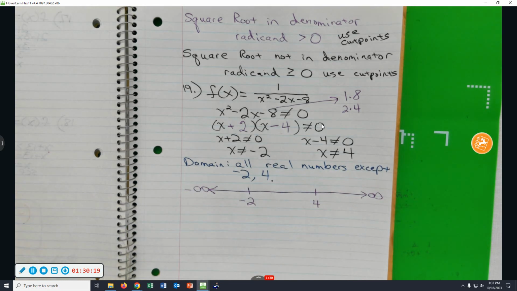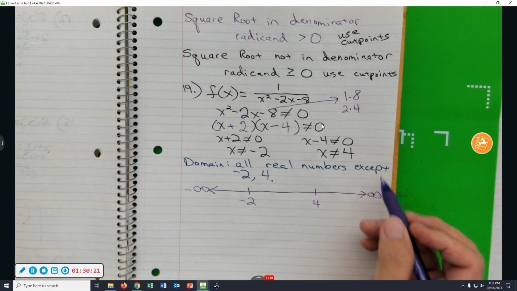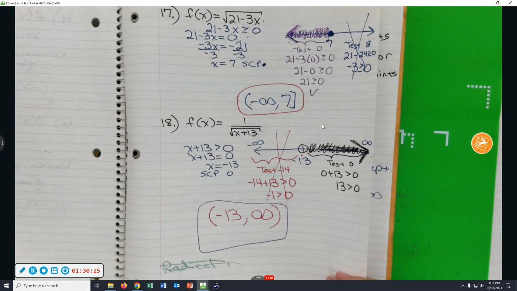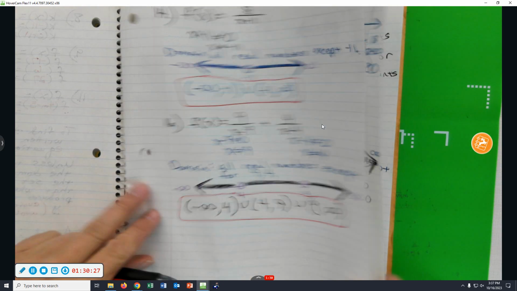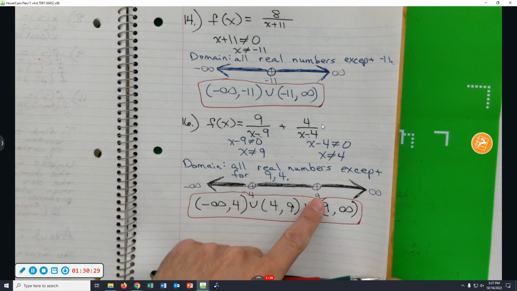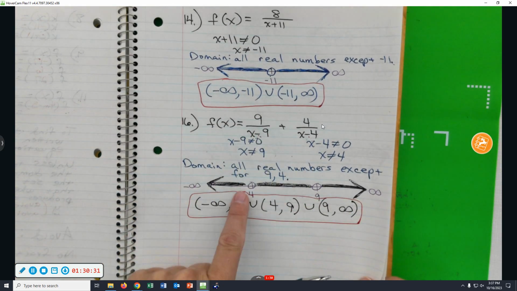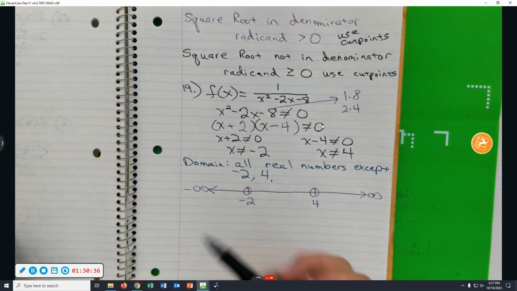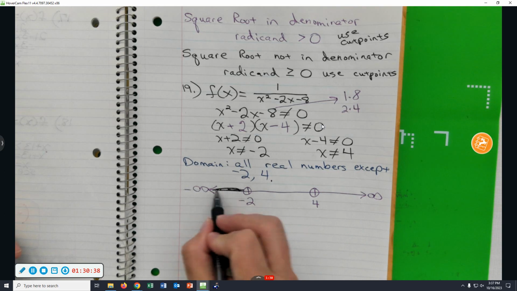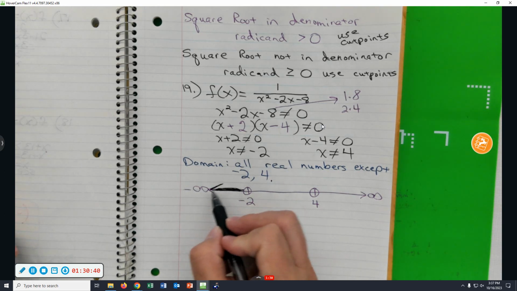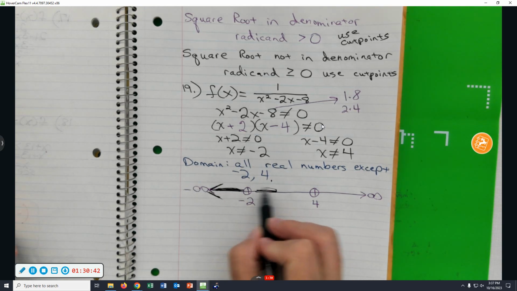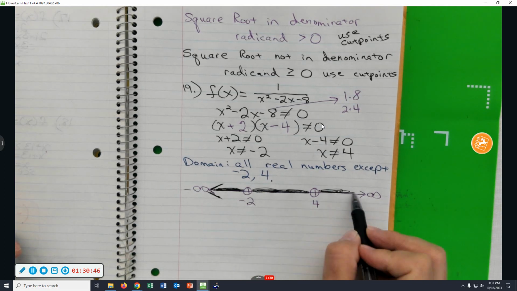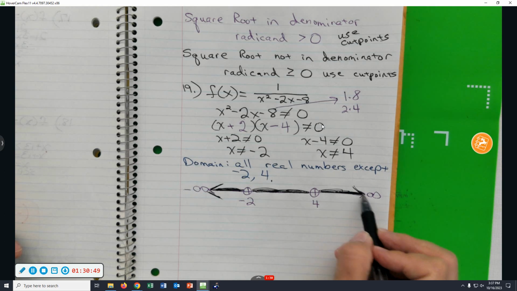Open or closed? Open, we don't want to use them. Remember the way we were doing this in number 16? We found the numbers that made the denominators 0, and then you want everything else. You want the numbers to the left of -2, the numbers between -2 and +4, and the numbers to the right of +4.